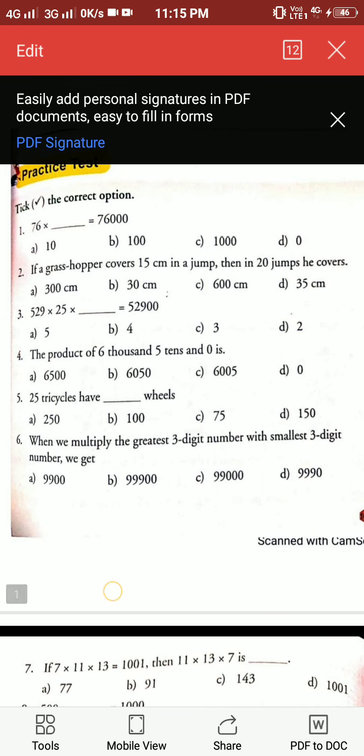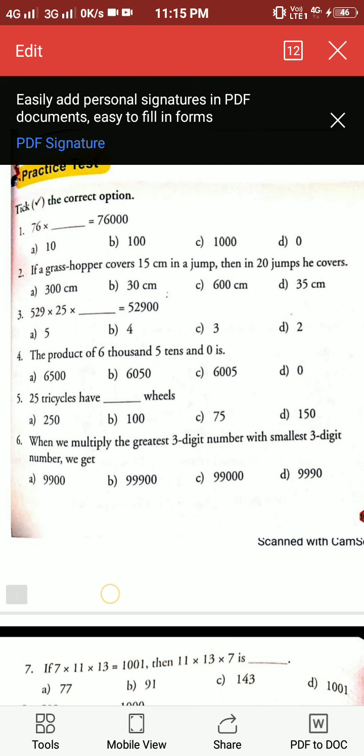Here 3 zeros are there, 1, 2, 3. That means we have to multiply by 1000. Then we tick here 1000, and we write here also 1000.